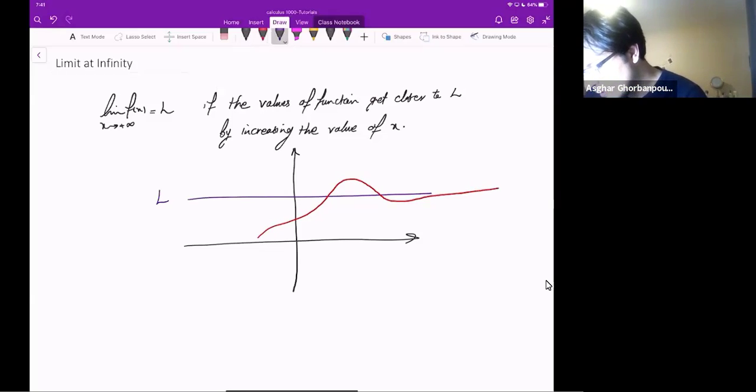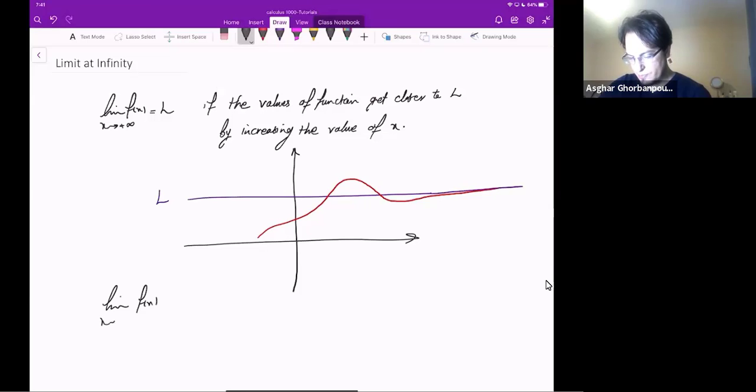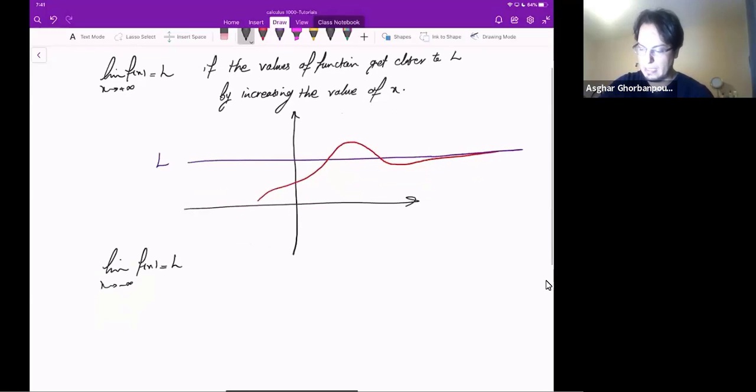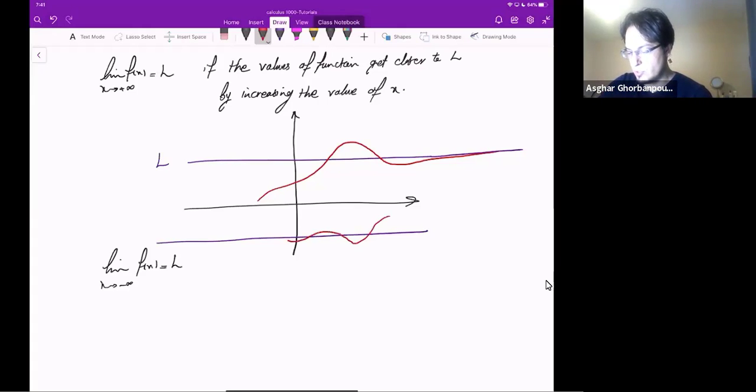So I'll try to see if my closer and closer makes sense. And similarly, one can define the negative one. So the limit of the function as x approaches negative infinity is L. I can again draw the graph of the function as x gets to large negative numbers, the graph gets closer and closer to something, whatever closer means.